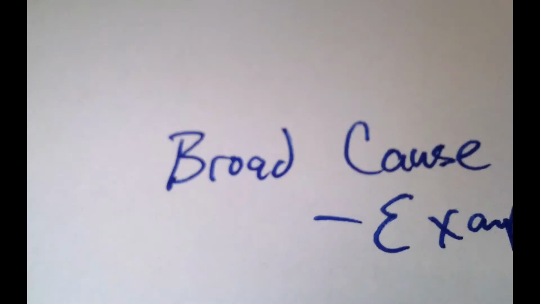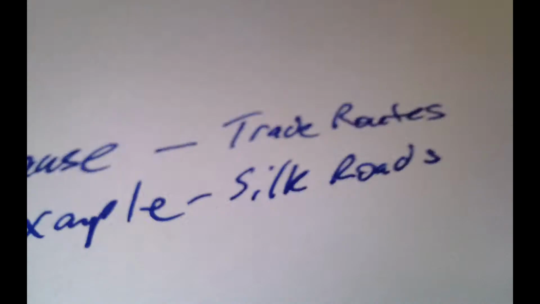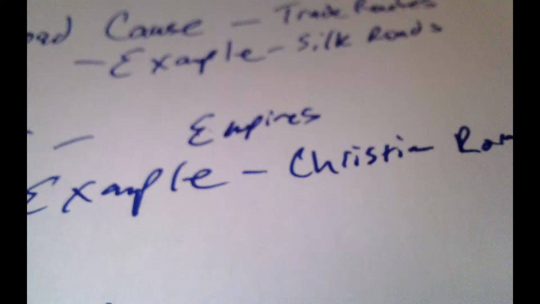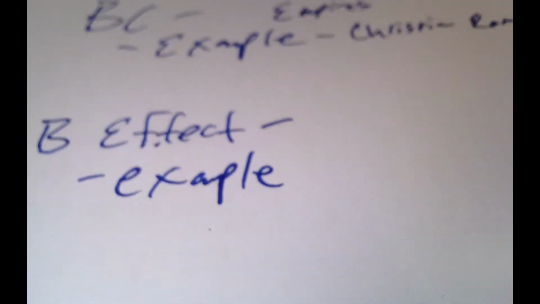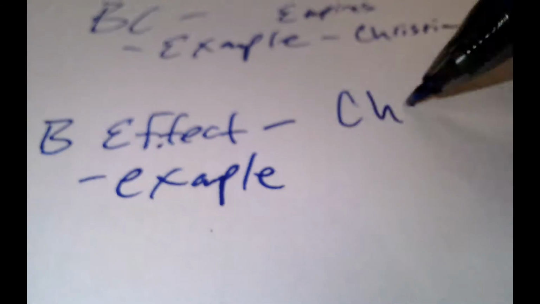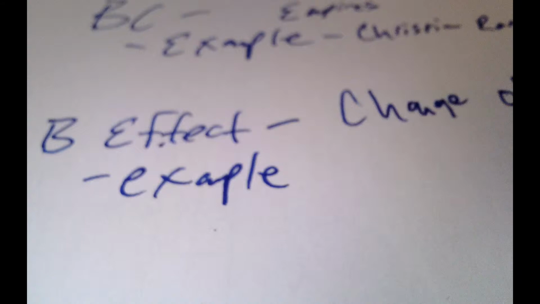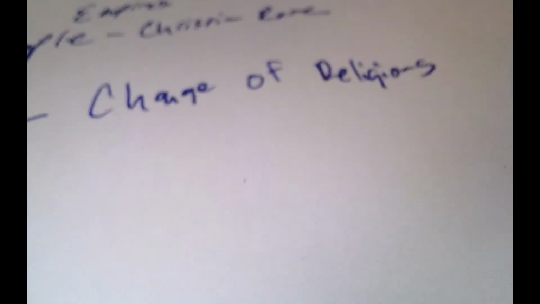Okay, here we go. Broad cause, example. There we go. Trade routes. Christian Rome. There we go. Okay. Hey, Alyssa, what was your broad effect? Change of religion. So it caused the religions to change, as you can see here.